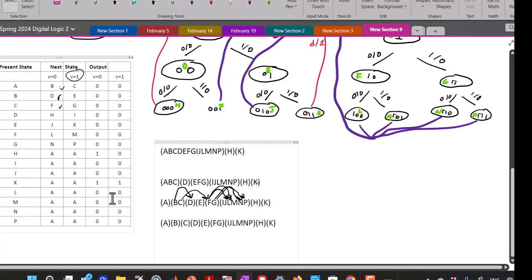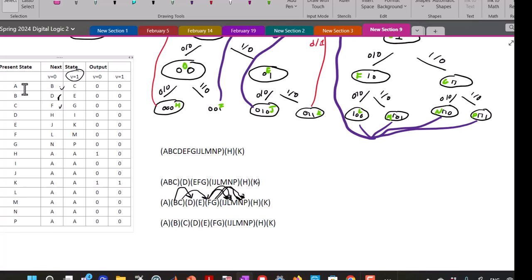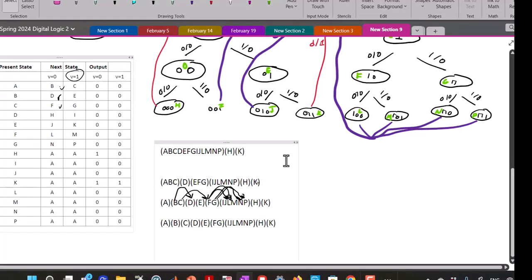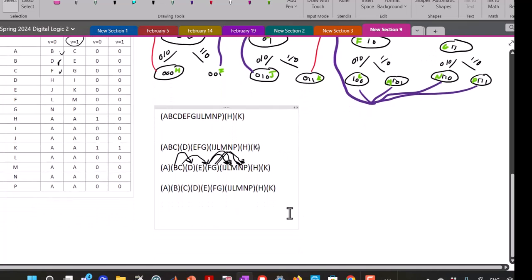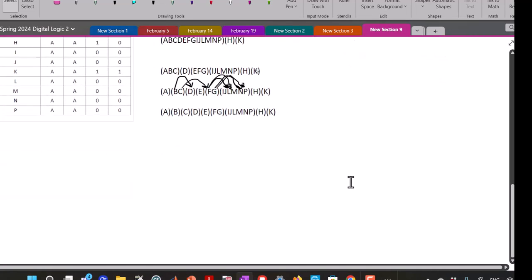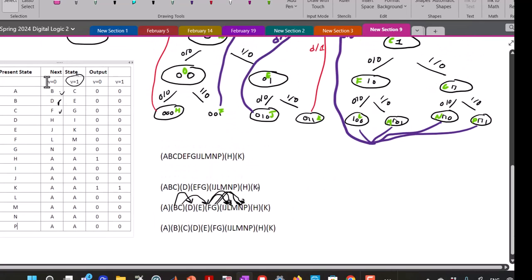Okay, so this gives us 9 states, down from 15 states. So that's pretty good. So 6 fewer states. Let's take a look at what our state table would look like.